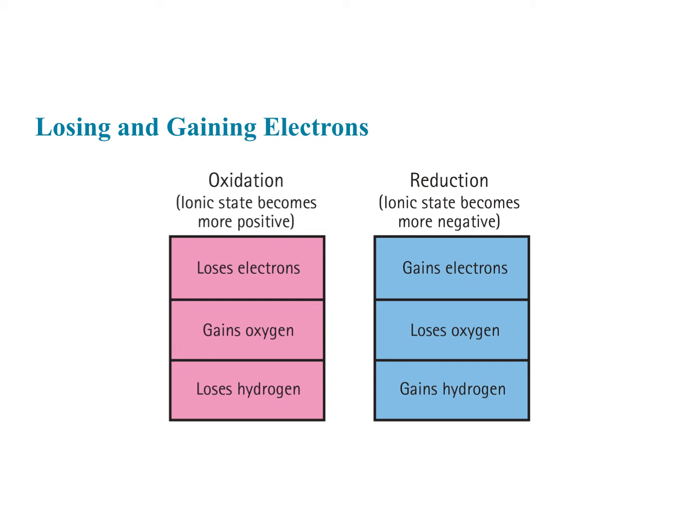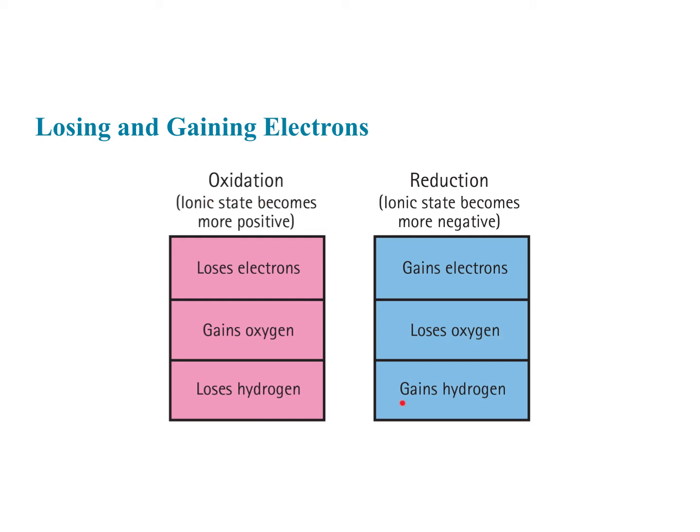But there are some other clues that chemists can use to determine whether or not you have an oxidation or reduction. And so if in a reaction something gains oxygen or if it loses hydrogen, those are both indicative of oxidation reactions. And of course, the reverse is true.